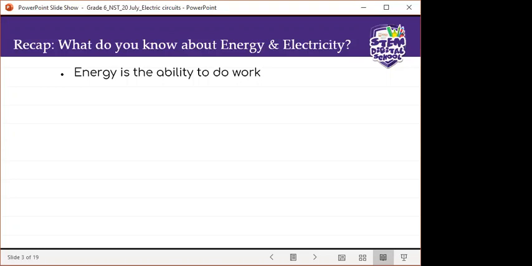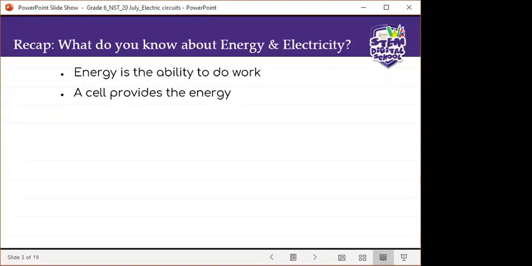And as we have said in grade 4 as well as grade 5, as living beings or living things, we need energy in order to fulfill the 7 life processes. Okay, so energy is required everywhere, right? Then, if we get down to electricity, we say that a cell provides the energy.